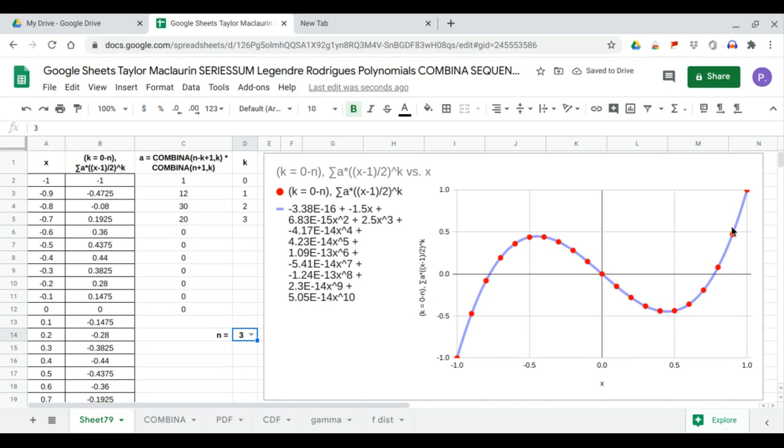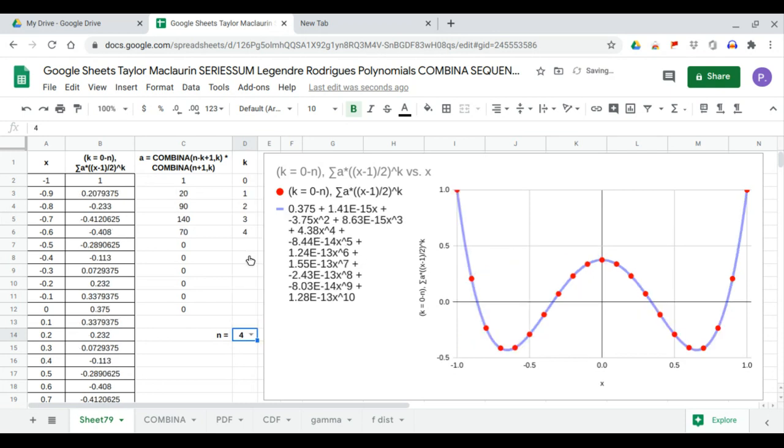If n equals 3, which is an odd function, y equals 1.5x plus 2.5x squared, and that's it. All these are 0. N equals 4, y then equals 0.375 plus or minus 3.75x squared plus 4.38x to the fourth, and all the rest are 0.